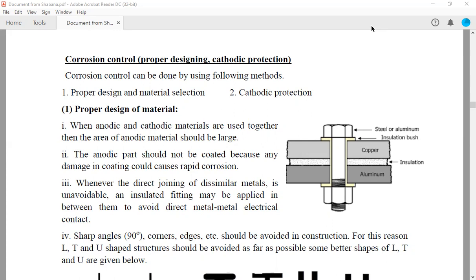The important corrosion control methods are proper designing, use of pure metals, using metal alloys, modifying the environment, use of inhibitors, cathodic protection, and application of protective coating.